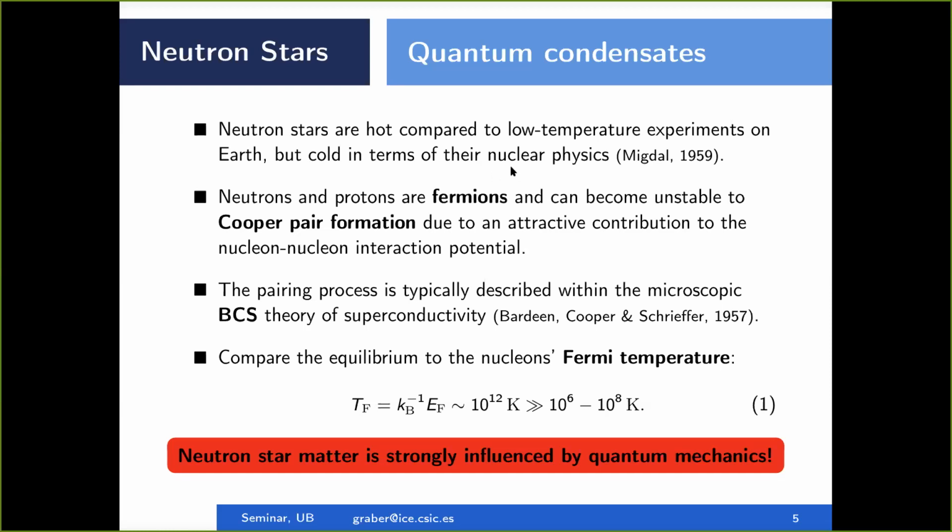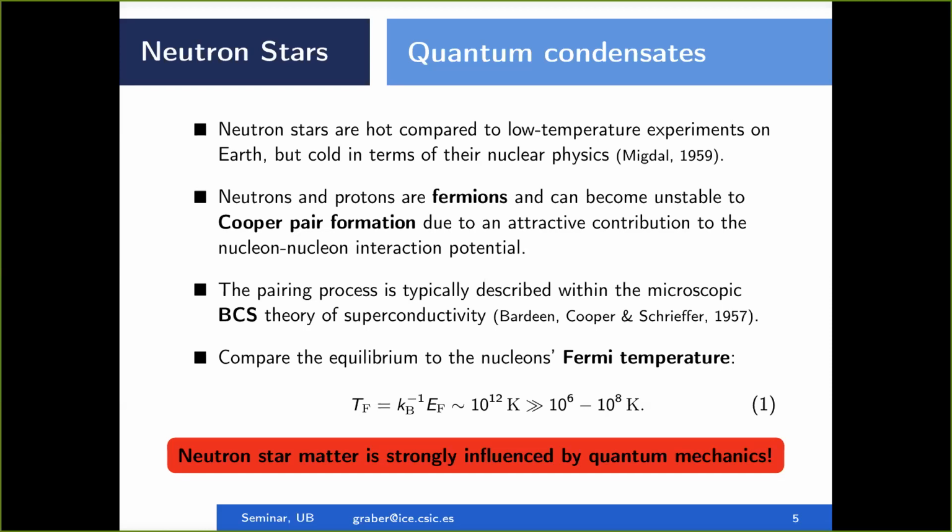So in terms of the temperatures that we have in the neutron stars, 10 to the 6 or 8 Kelvin, they're much, much, much hotter. But they're actually very cold in terms of their nuclear physics, one could say. The neutrons and the protons in the interior of the neutron star are fermions, and they can become unstable to Cooper pair formation due to some kind of attractive contribution to the nuclear-nuclear interaction potential.